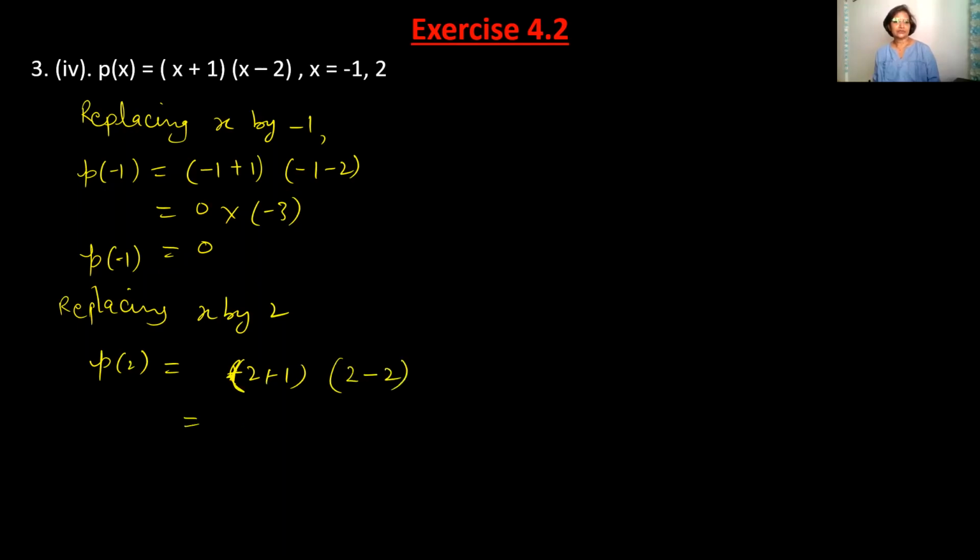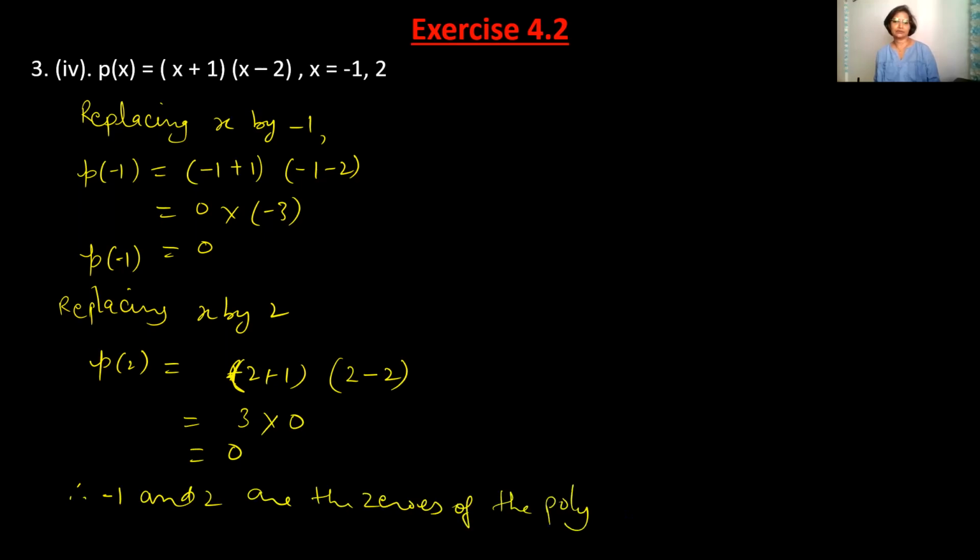So 2 plus 1 is 3, and 2 minus 2 is 0. So this will also become 0. Therefore, minus 1 and 2 are the zeros of the polynomial P(x), right? That you can write.